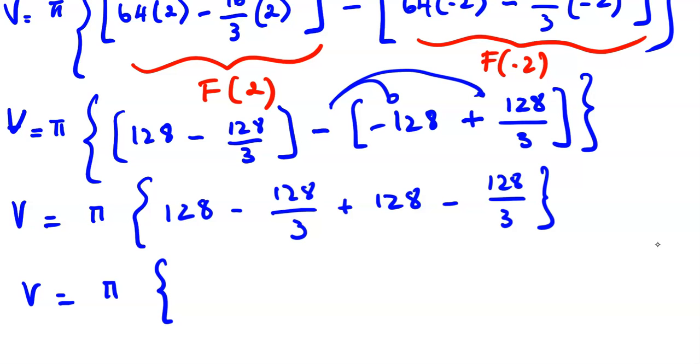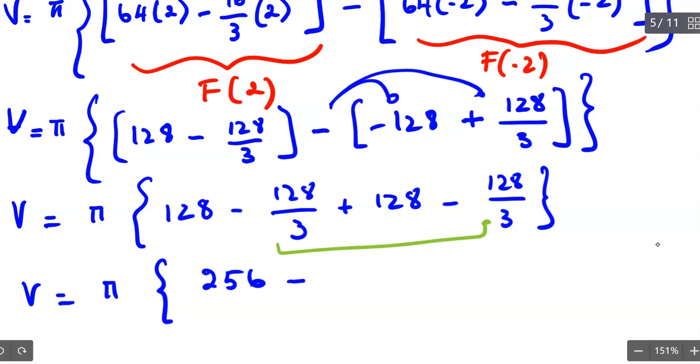Okay, so in a way that I have it equal to 128 plus 128, I should have 256, and subtract these two values, then I should have it as subtract 256 divided by 3.